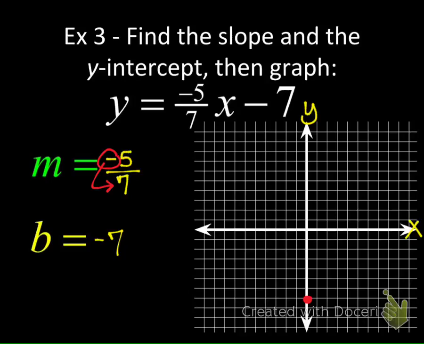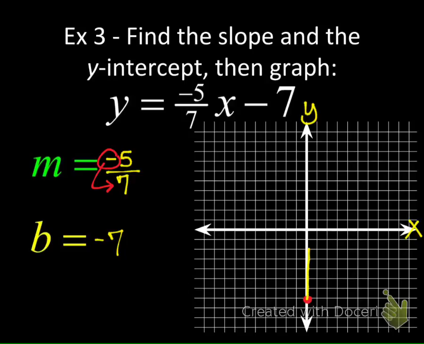And I'm going to show you how we're going to do that now. So now that my negative 5 is no longer a negative 5 because it's going to be a negative 7, my rise is actually going to be a positive 5, right? So how many spots am I going to count up? 5. So let me get back to my grid here. So I'm going to count up 5. 1, 2, 3, 4, 5. Now, usually my run, I always count to the right because to the right is positive.